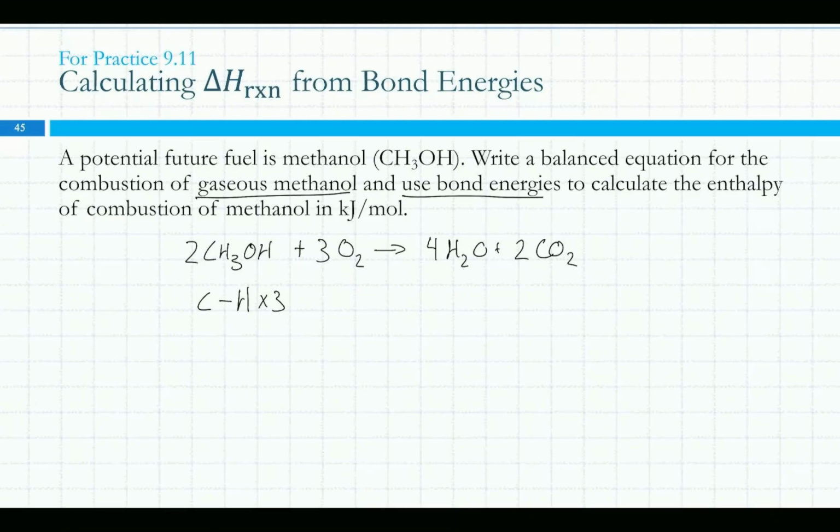And actually, it's going to help to have at least a rough structure of this. Now, I don't need to break the carbon-oxygen bond because I've got at least 1 carbon-oxygen bond over there. But I do need to break an oxygen-hydrogen bond.